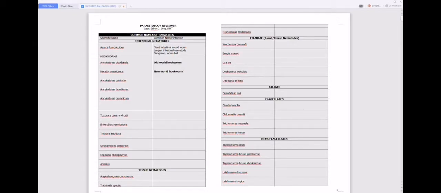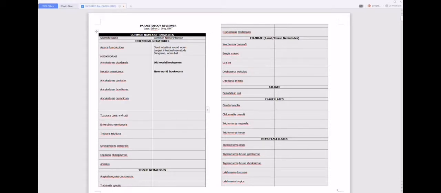So Ancylostoma duodenale and Necator americanus, both of them are the intestinal hookworms. So they cause intestinal problems. Meanwhile, Ancylostoma caninum, Ancylostoma brasiliense, Ancylostoma ceylanicum, they can cause cutaneous infections.